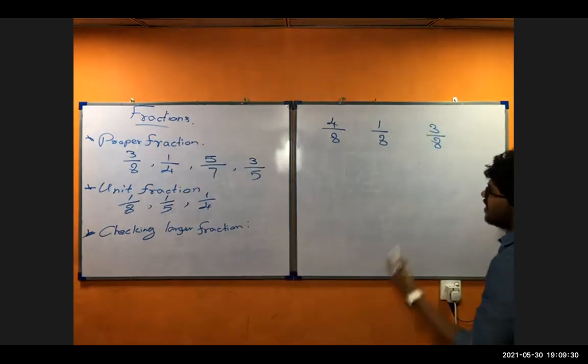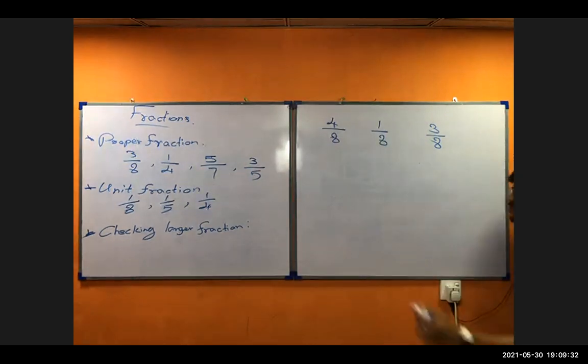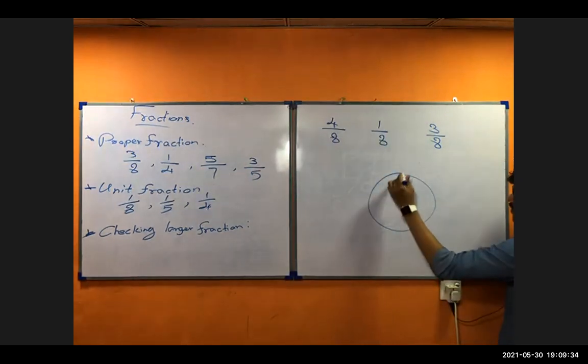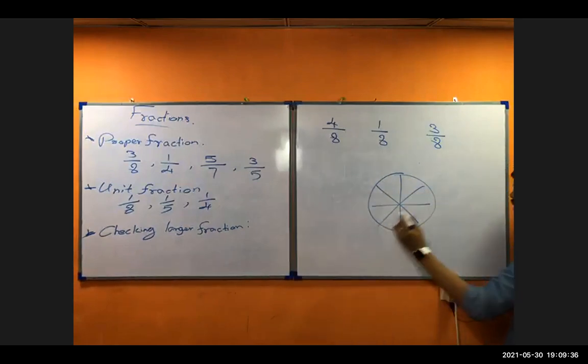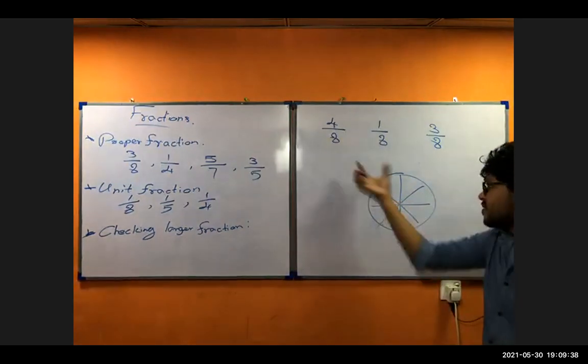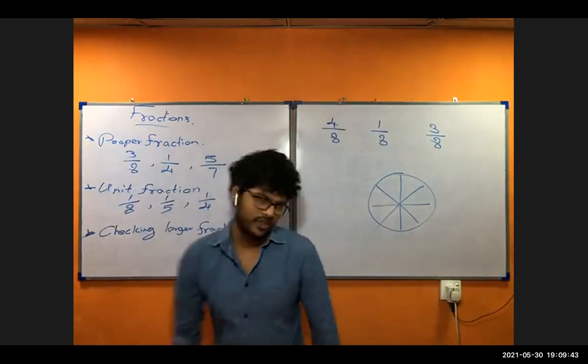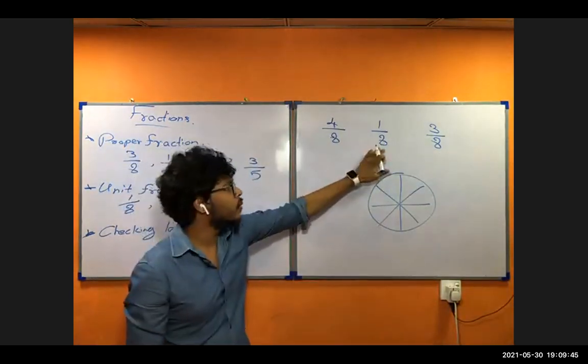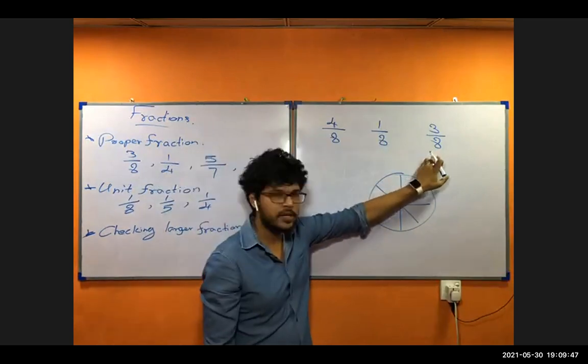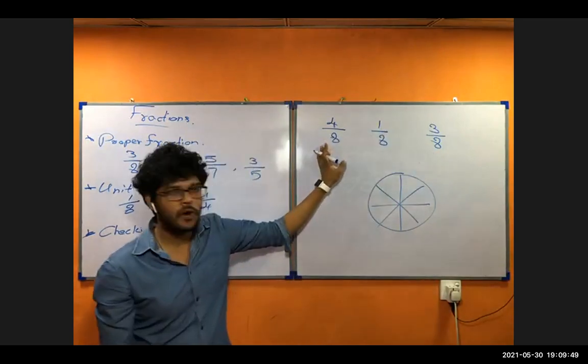You can take any example, like a pizza. You cut the pizza into 8 pieces. You take 4 pieces, or you take 1 piece, or you take 3 pieces. Now it's obvious, right? Which one is larger? Here I have 1/8, here we have 3 of them, and here we have 4 of them.